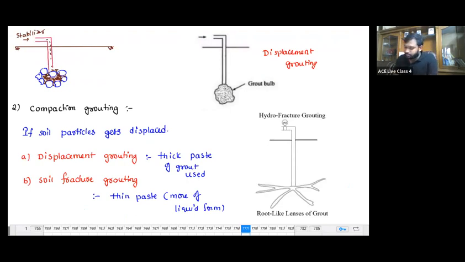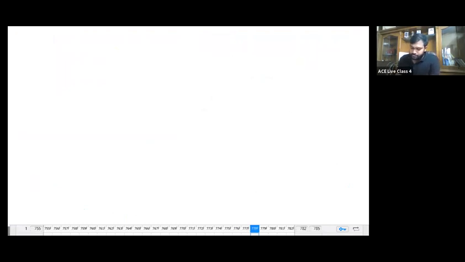And next, third one, reinforcement. Here reinforcement is nothing but, you know that soil is weak in tension or weak in compression? Tell me.